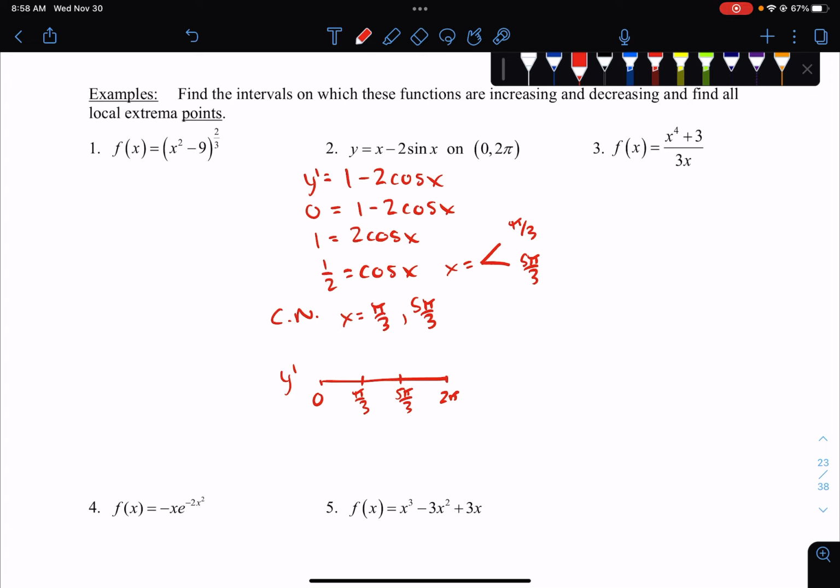Picking numbers in between these values isn't going to be very pretty. But all I'm really trying to do is find numbers that are in between, like 0 and pi thirds.